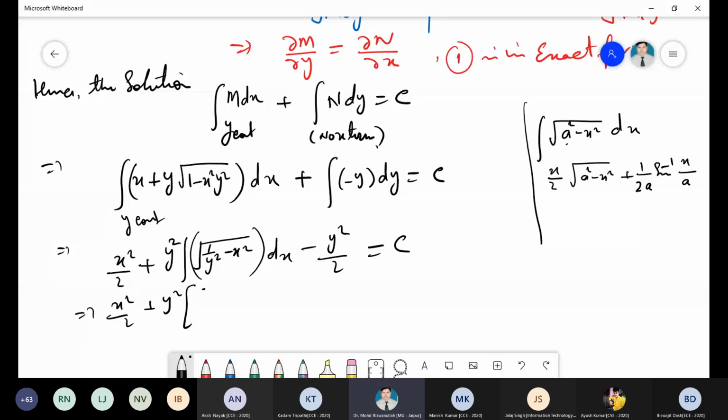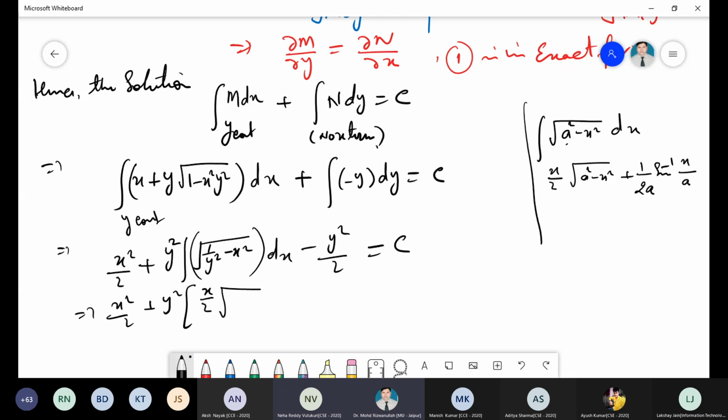So this will be x by 2. Sir, the formula is a square by 2 sin inverse x by a. Yes, sir. Sir, there a square by 2 and then sin inverse x by a. It is a plus a square by 2, with a square in the numerator.